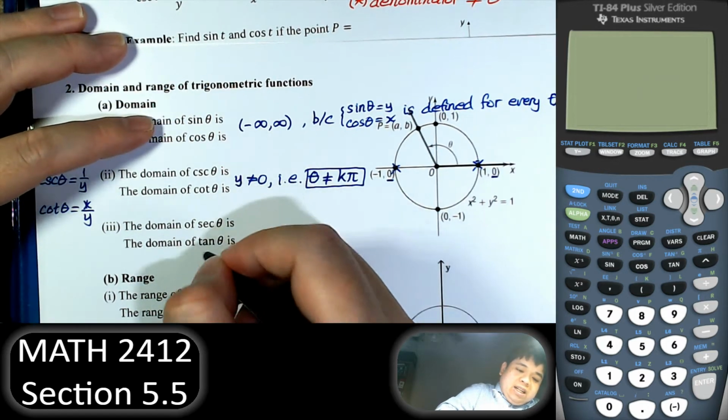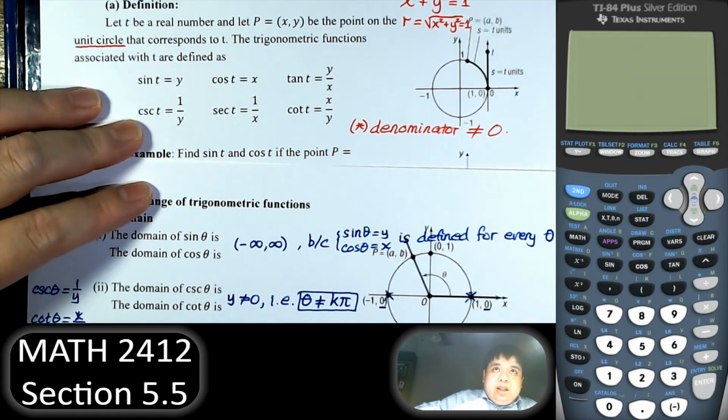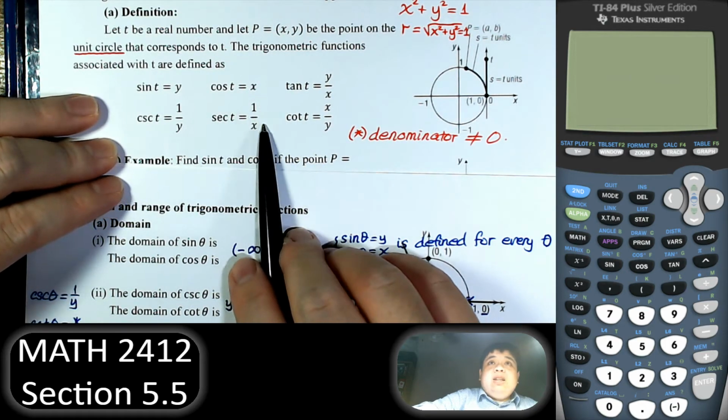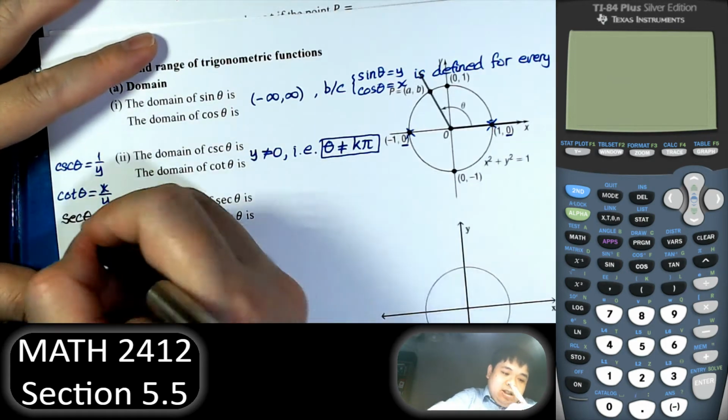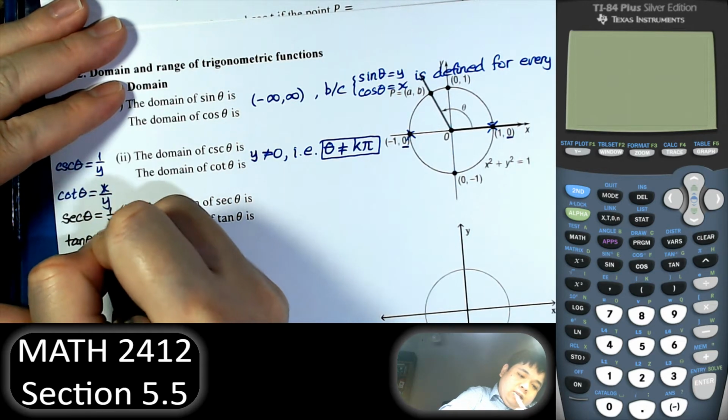Next, secant and tangent. What do they have in common? Secant is 1 over x, and tangent is y over x.